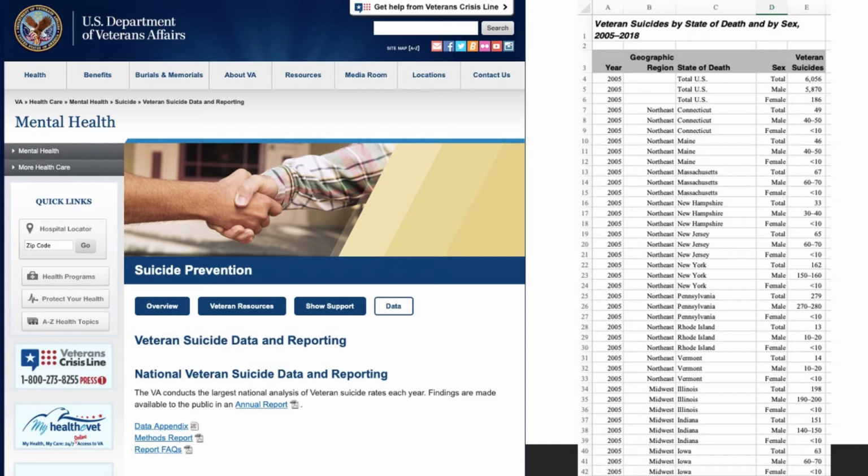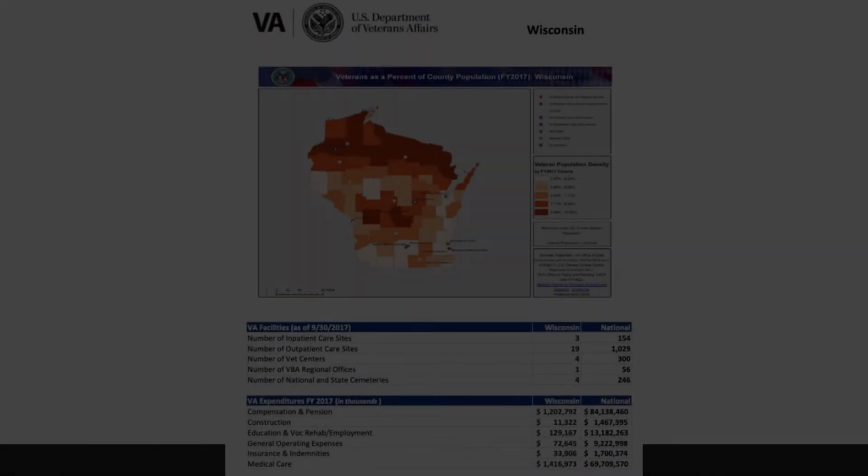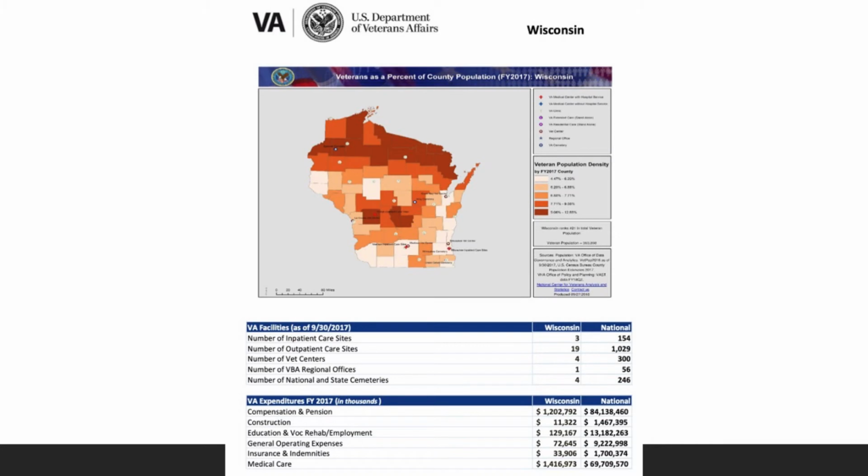So as we progress throughout the semester, you'll start asking yourself, what factors might explain my dependent variable? Remember, these are the independent variables. In the case of veteran suicide, we might hypothesize that access to VA facilities or how much the VA in each state spends on medical care or education might influence these statistics, right?